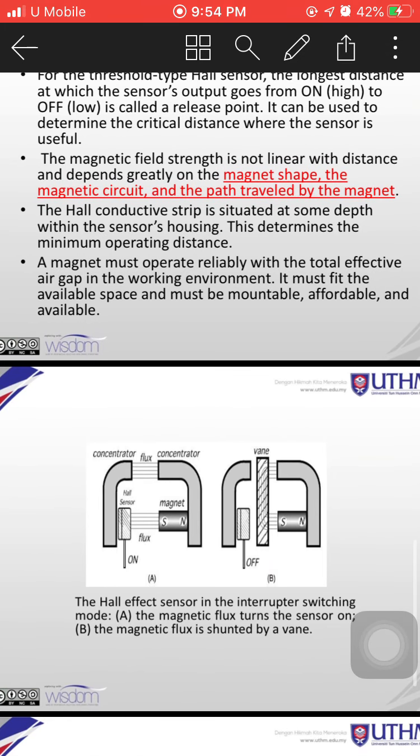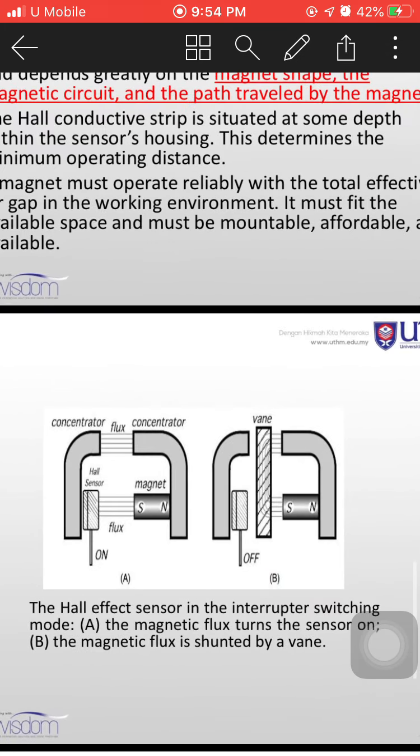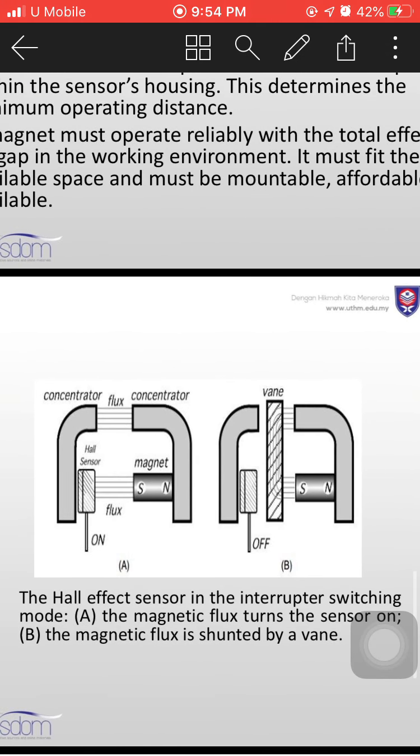Okay, if you can see this figure, this is an example of a Hall effect sensor in the interrupter switching mode. In this mode, the activating magnet and the Hall sensor are mounted on a single rack assembly with a small air gap between them.